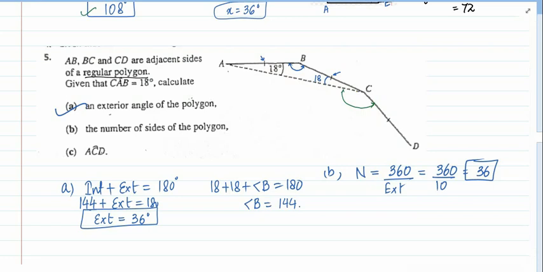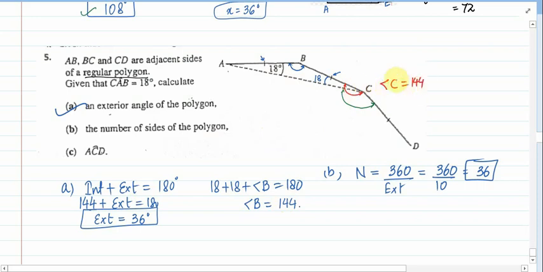Since it's a regular polygon, the interior angle is the same, and that is 144, right? So angle C completely is 144, and the green part, that is very simple for part C, ACD is equal to, total angle is 144 and the smaller part is 18. So 144 minus 18, it's 126, that is the angle ACD.